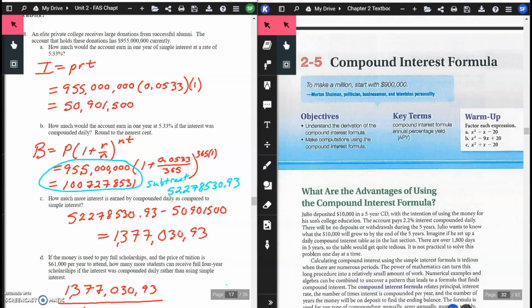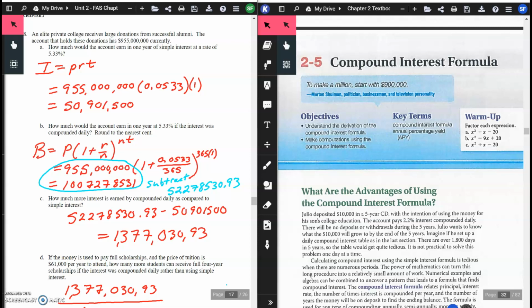B. How much would the account earn in 1 year at 5.33% if the interest was compounded daily, rounded to the nearest cent? Here we have compounded daily, so we're going to use our ending balance formula because our N is going to be different. P is our initial principal, $955 million, times 1 plus 0.0533 divided by 365 because it's compounded daily, raised to the 365 for compounded daily, times 1 for 1 year.